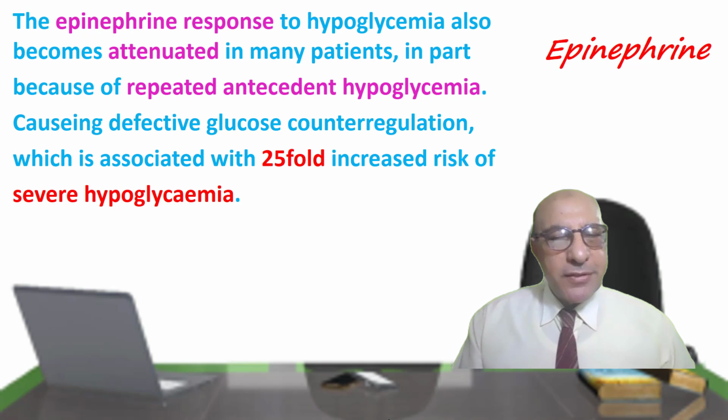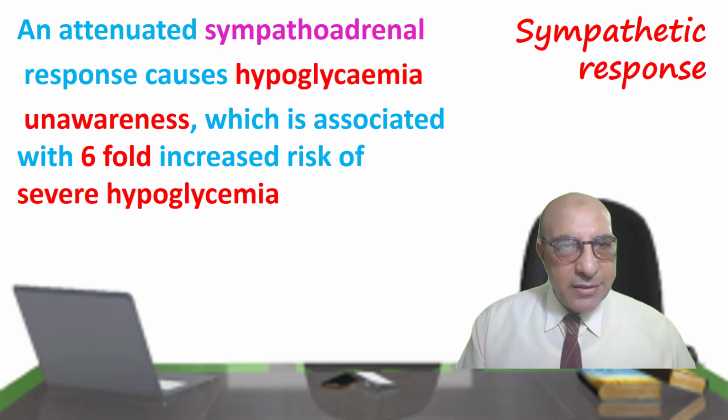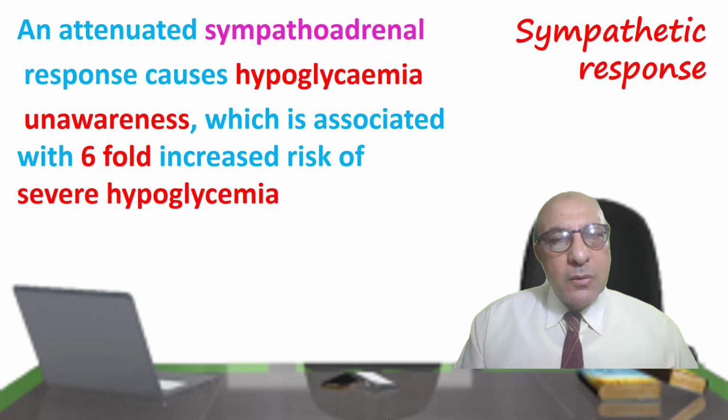The last thing contributing to the problem of hypoglycemia in the diabetic patient is the attenuated sympathoadrenal response, causing hypoglycemia unawareness, which is associated with a 6-fold increased risk of severe hypoglycemia. One important thing we just said is that sympathetic stimulation serves two functions.